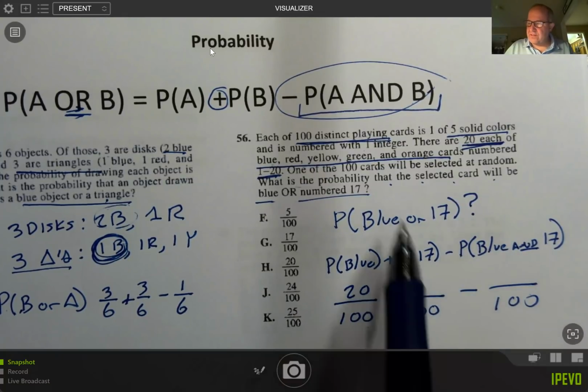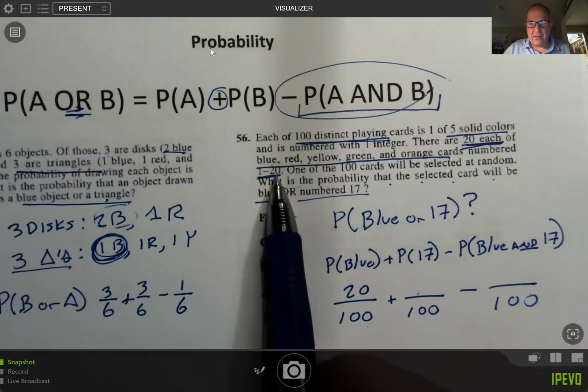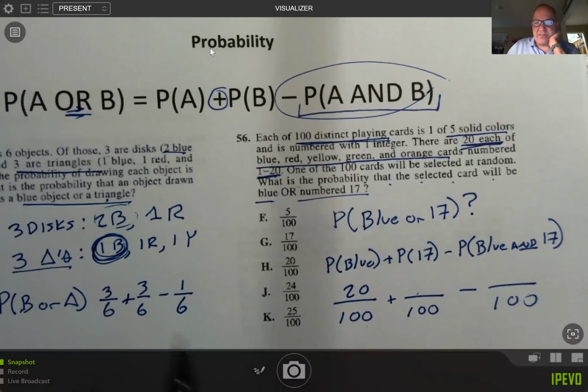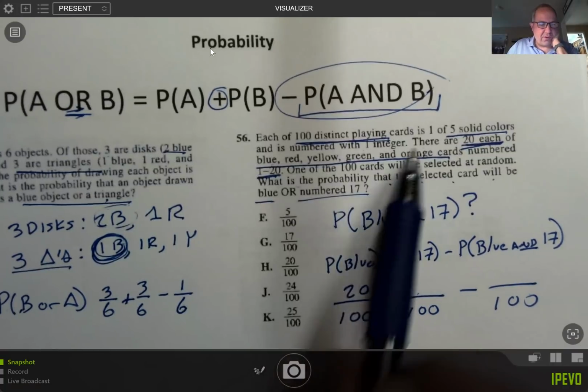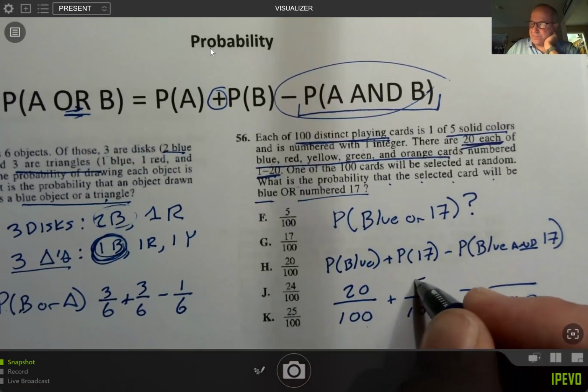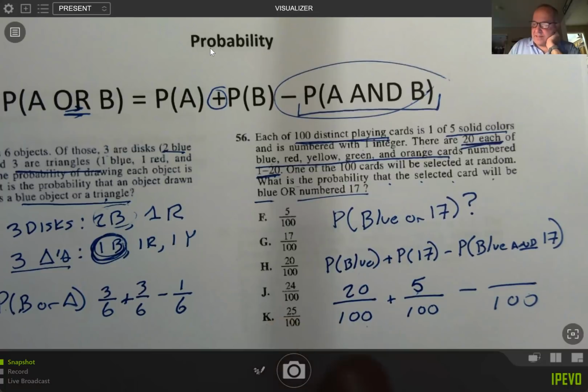Now, how many 17s are there? Well, we're told that each card is numbered from 1 to 20. So it makes sense that there will be a 17 in the blue, the red, the yellow, the green, the orange. There's 5 of those. Now notice that answer is here at letter K. That is not correct, because we've got to subtract something.